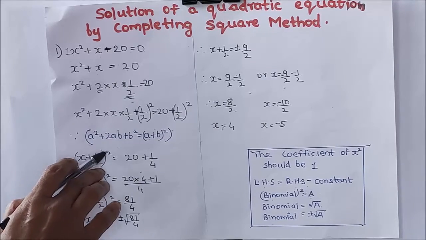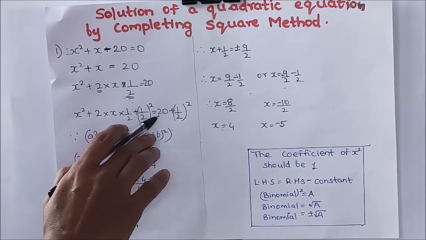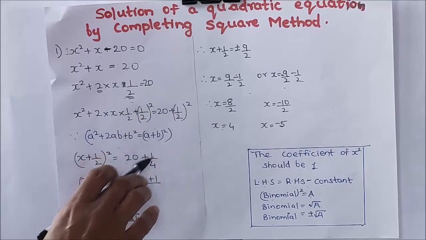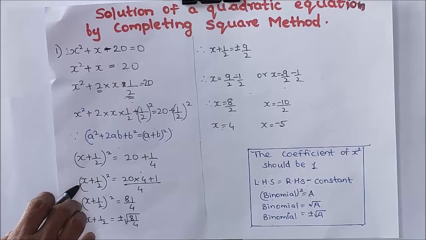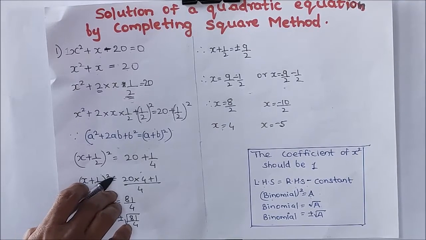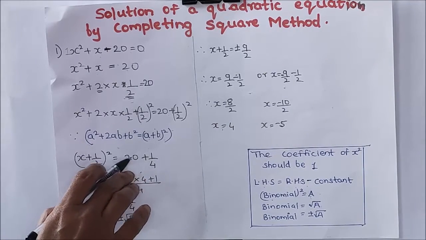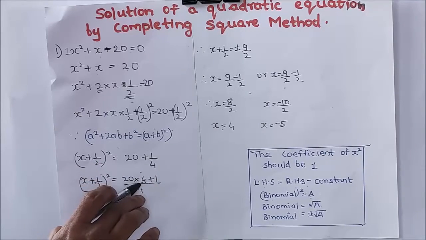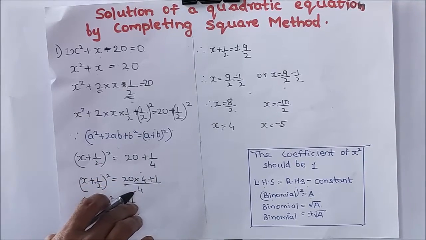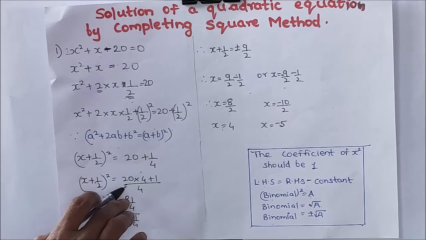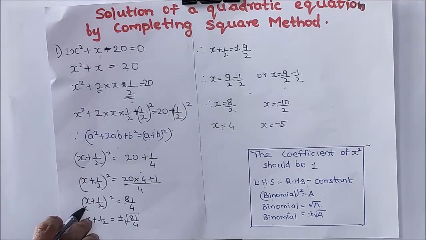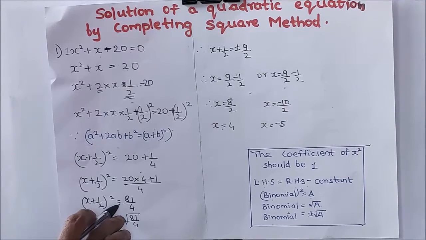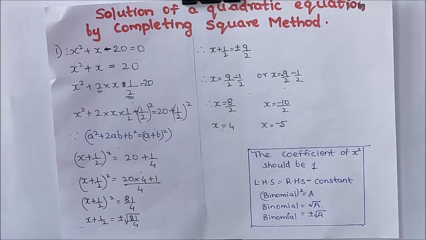x plus 1 by 2 whole square equals 20 plus 1 by 2 square, which is 20 plus 1 upon 4, since 2 square is 4. So x plus 1 by 2 whole square equals, here we do cross multiplication, 20 into 4 plus 1 upon 4. 20 into 4 is 80. 80 plus 1 is 81 upon 4.